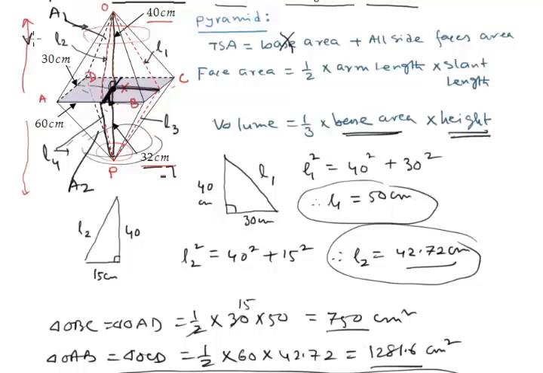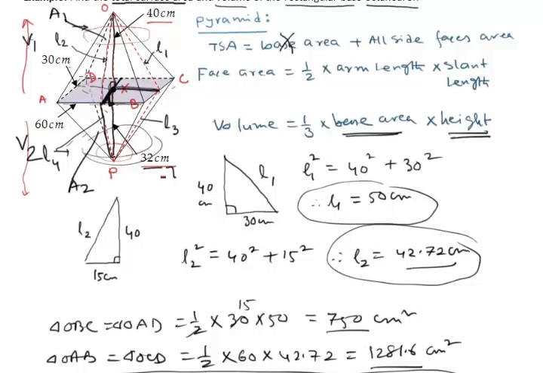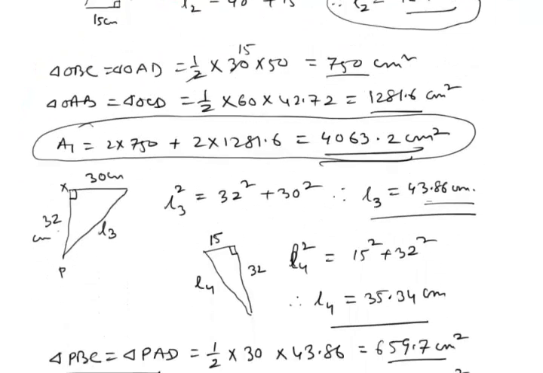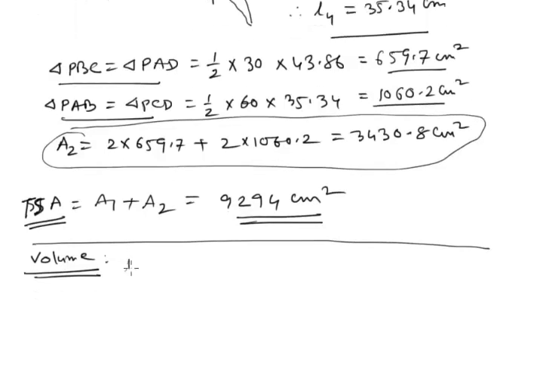So if we consider the top pyramid's volume is V1 and bottom pyramid's volume is V2, then the base area is 60 times 30, so that is common for both pyramids. The base area is 1800 centimeter square.